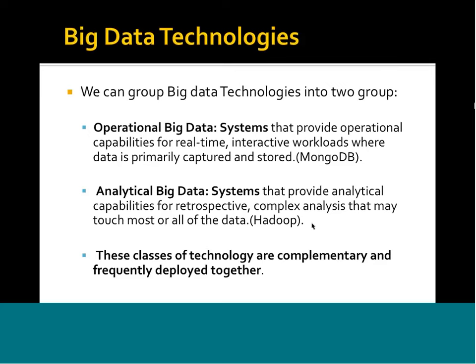The answer is yes, we can, by using an ecosystem product called HBase. But HBase does not have the level of capability provided by MongoDB and Cassandra. So companies will not only use Hadoop, they will use Hadoop plus MongoDB plus Teradata plus Cassandra, a huge number of big data products.